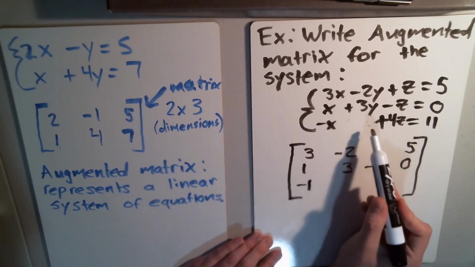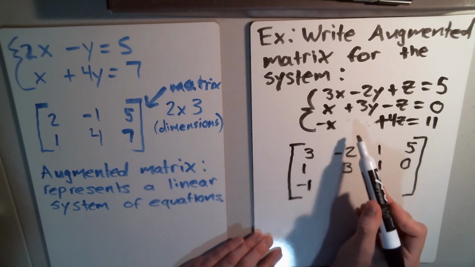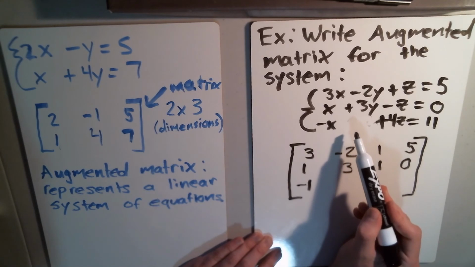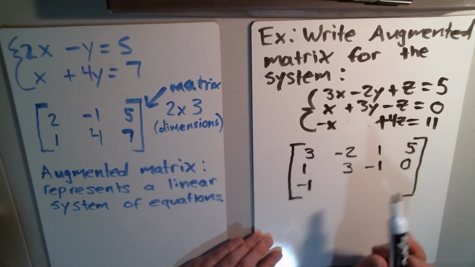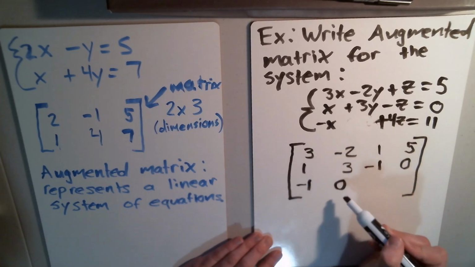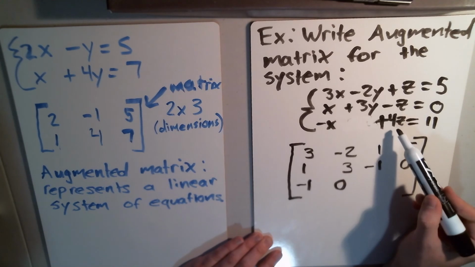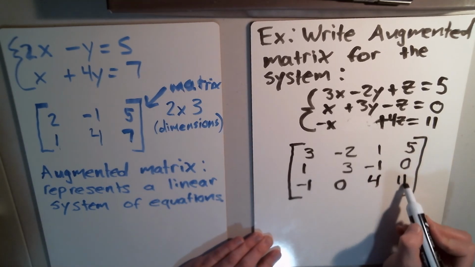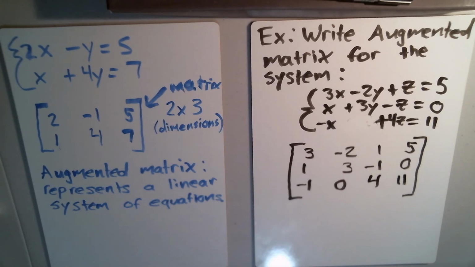Now, you'll notice here there aren't any y's, right? So the coefficient in front of y would just be 0 because there's no y's. Okay, so I would put a 0 down here in the matrix for y. Okay, and then 4z, so 4, and then 11. Okay, so this is my augmented matrix for this system.